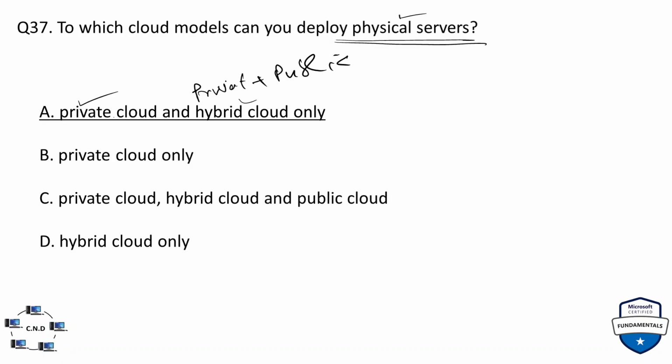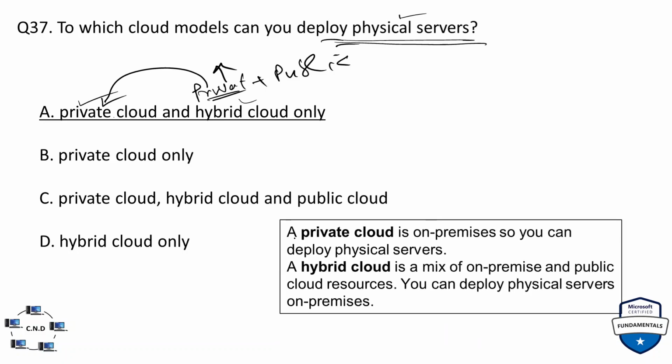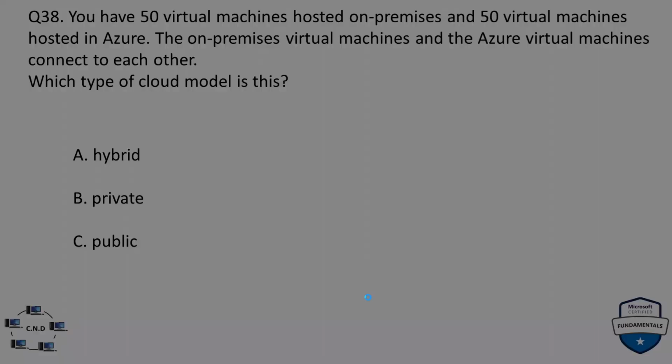So again, the installation of servers inside the private cloud is the responsibility of the organization. So both the private cloud as well as the hybrid cloud, there you may need to deploy the physical servers. There is the explanation. A private cloud is on-premises, so you can deploy physical servers. A hybrid cloud is a mix of on-premise and public cloud resources. You can deploy physical servers on-premises.